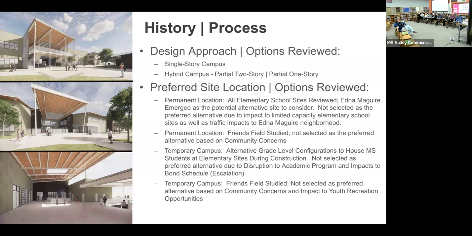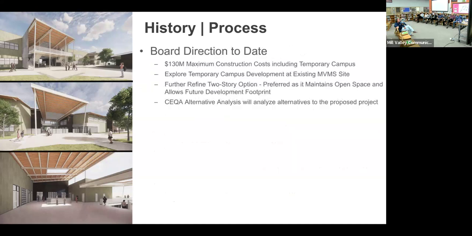Next, please. The board direction to date was $130 million maximum construction cost, including the temporary campus, exploring the temporary campus development at the existing middle school site, and that we would further refine the two-story option that we presented to them.